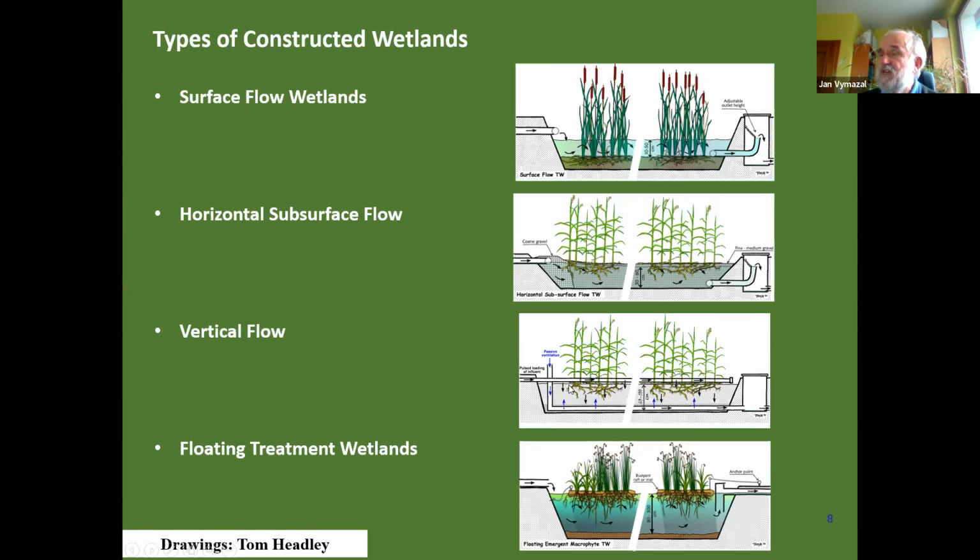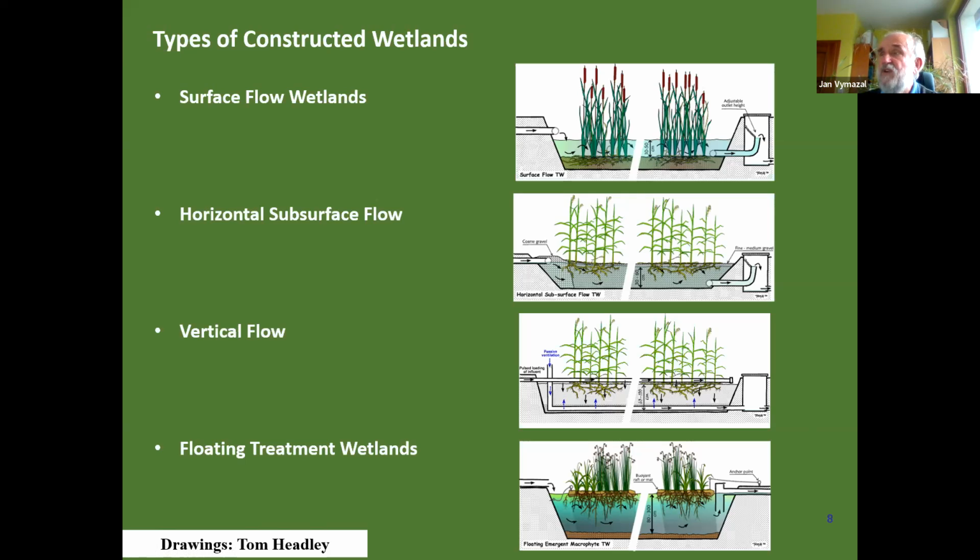And we have the vertical flow, where the typical vertical flow has the inflow at the surface. What is important to say is that in a typical vertical flow constructed wetland, the water is fed intermittently. That means that we feed the wetland for a short period of time, then we let the water percolate.